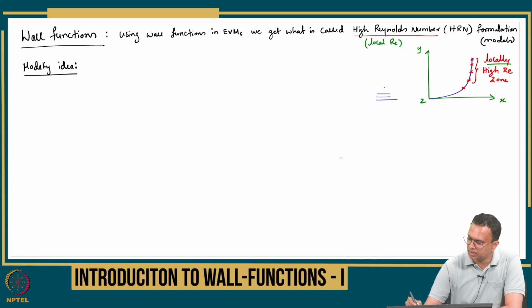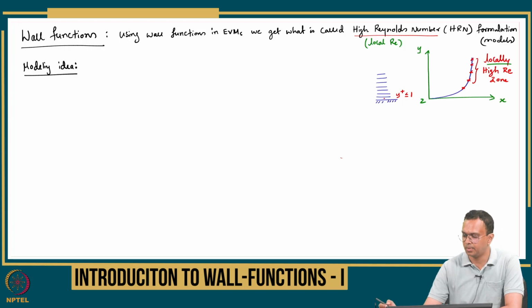So let's say you will have a grid like this in the wall normal direction with the first node here y plus less than or equal to 1. So this is the mesh that you are constructing in the wall normal direction. This puts a very stringent or demanding mesh consideration for an industrial flow. For a canonical flow, pipe flows and all this is fine. Y plus less than or equal to 1, the first node, and this is the wall here.